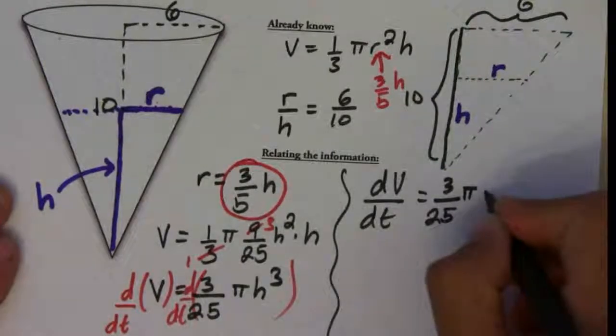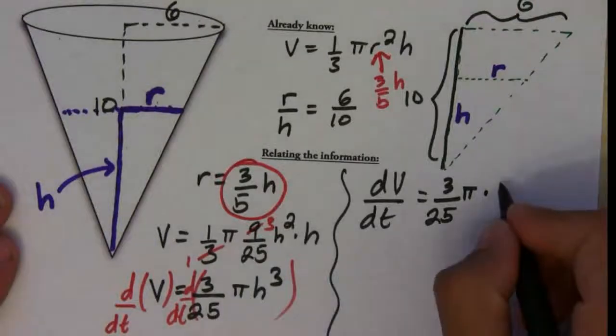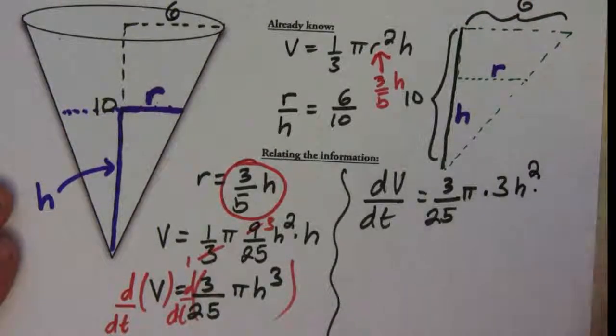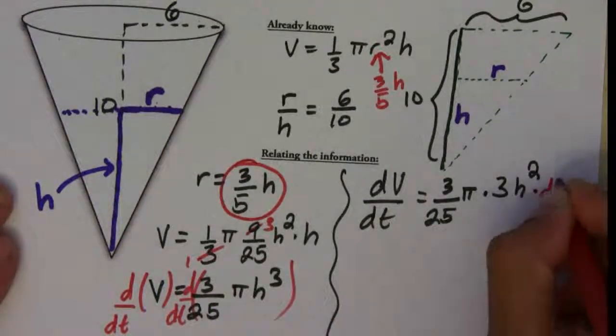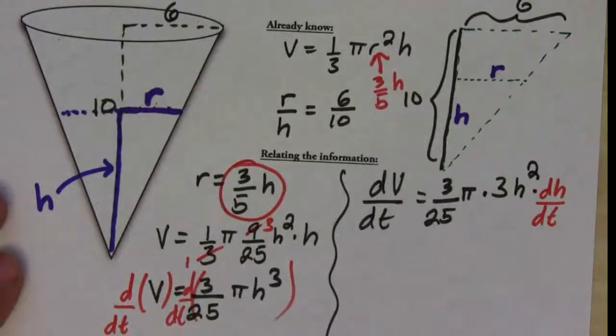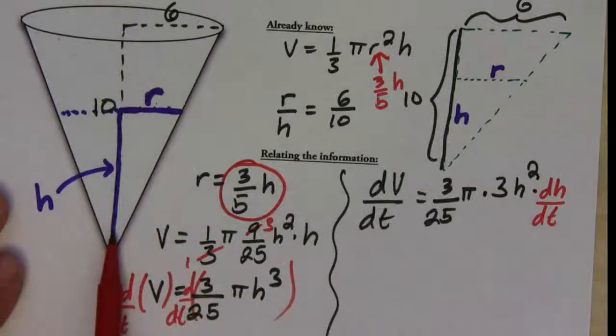And then I'm going to multiply that times the derivative of H cubed. Well, the derivative of H cubed is just 3H squared, and then times, using the chain rule, the derivative of H with respect to time. And that's, remember, because H is a function of time. As time passes, the water level, this little h, is going to be changing.